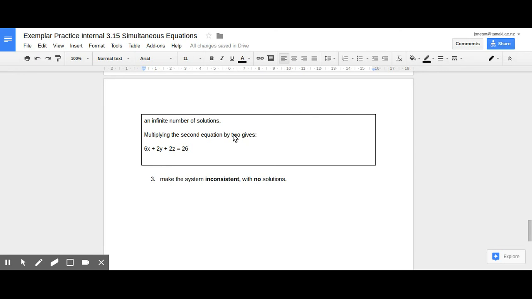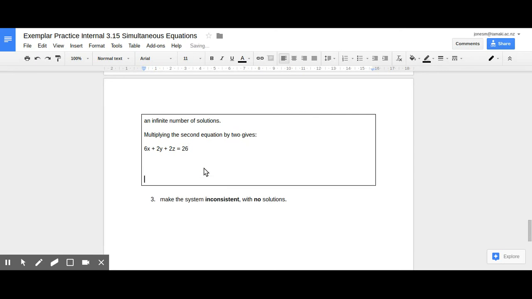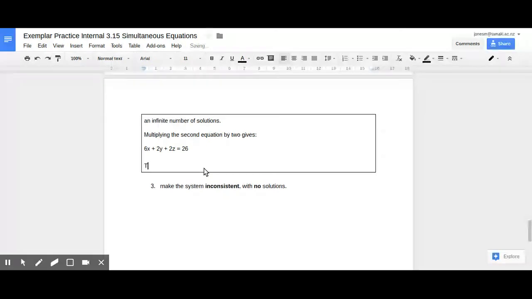So multiplying the second equation by 2 gives that. We will use this as our third equation.